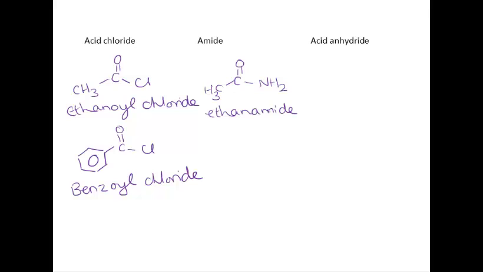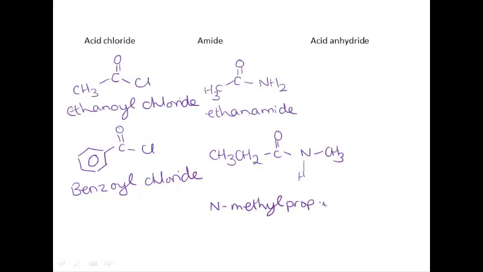We'll look at one with a substitution on the amine group. So we have a methyl group here. So the naming stem is 1, 2, 3 carbon atoms, which gives us propanamide, but we have to show this methyl group. The methyl group is on the nitrogen atom, not anywhere else in the chain, so that needs to be indicated, and we do that by writing N-methylpropanamide.